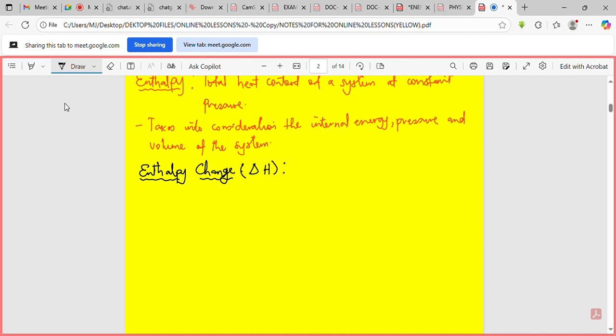Now, when there is a change in something, it means there is an initial and somehow there is a final. That is one side. The other component is that something is being taken out of something and then something is being added to something.